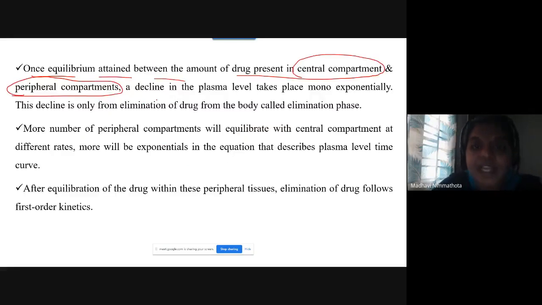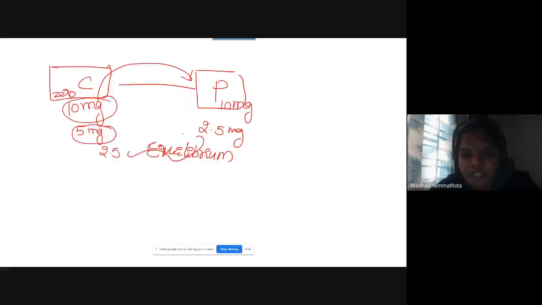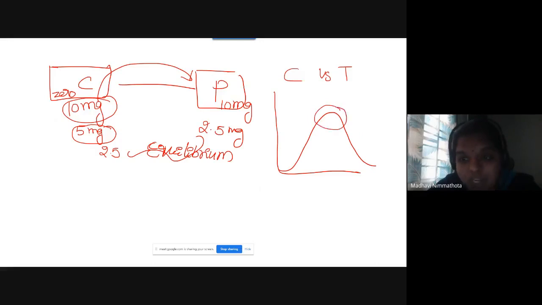Then the decline in the plasma level takes place mono-exponentially. This decline is only from the elimination of the drug from the body. See, after some time there is a decline in the plasma drug concentration. When you observe the plasma drug concentration versus time profile, there is a decline after a certain point.